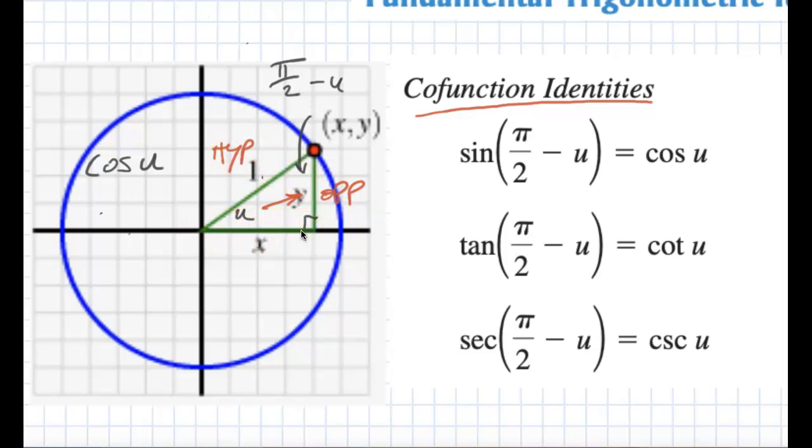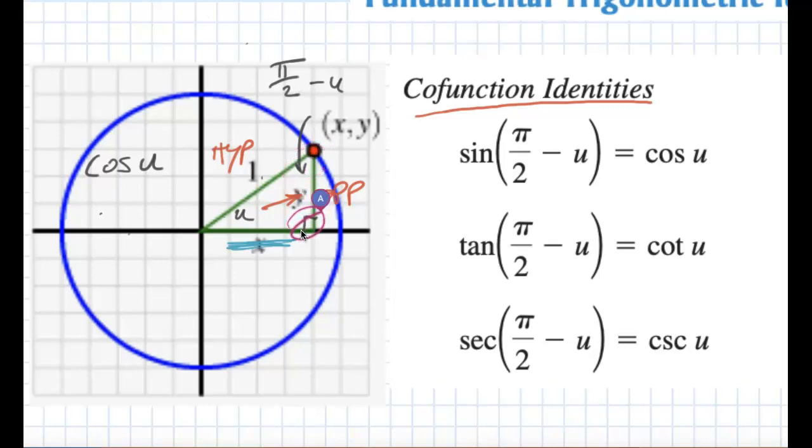The cosine ratio of angle u is going to be this side right here. This is the cosine of u. Let me mark it in blue here. We're going to use this one, and we're going to divide by hypotenuse. Okay, that's cosine of u. Well, if you have some angle u, then you also have some other angle up in the top corner here, because remember you had 90 degrees.